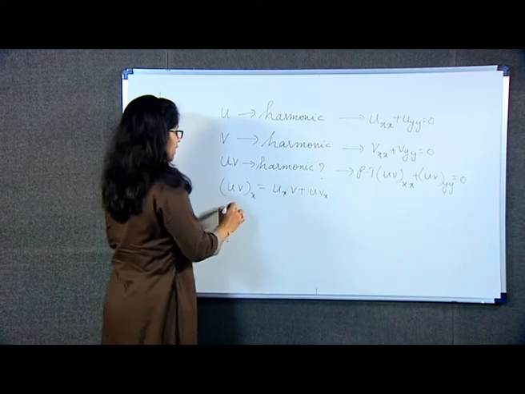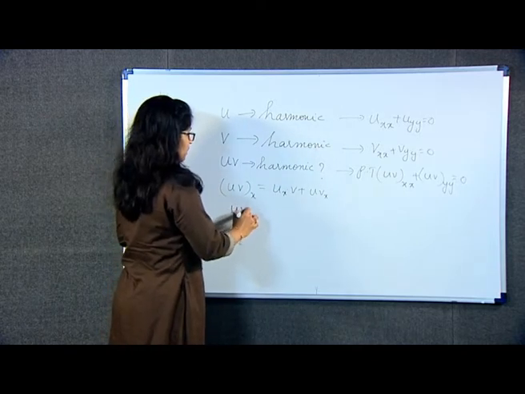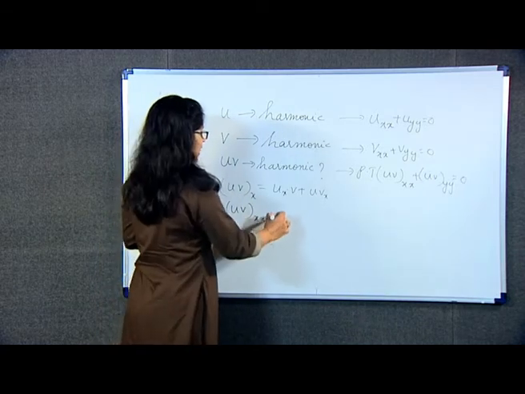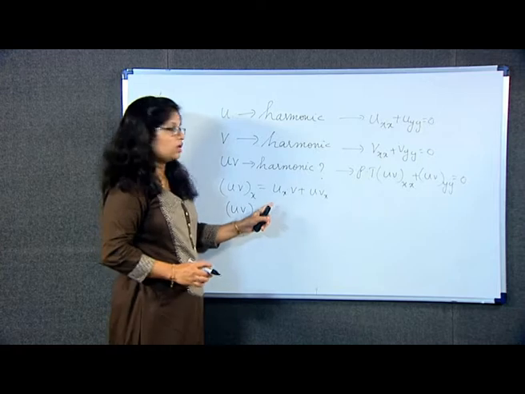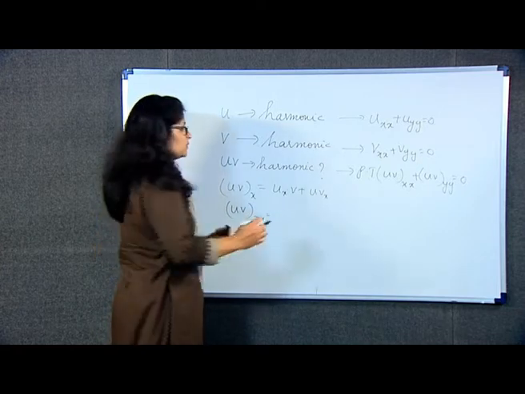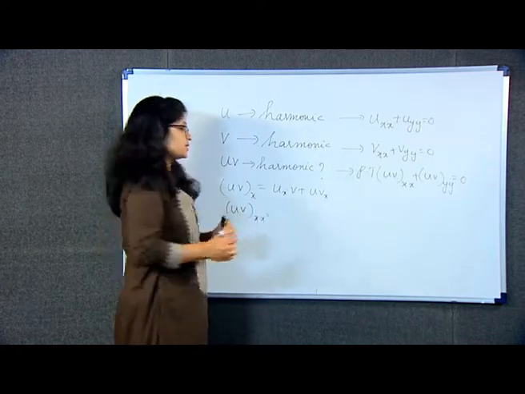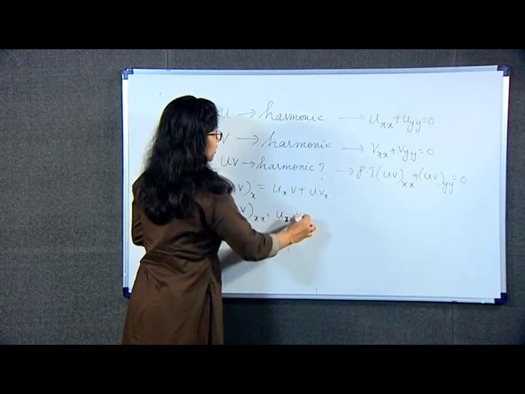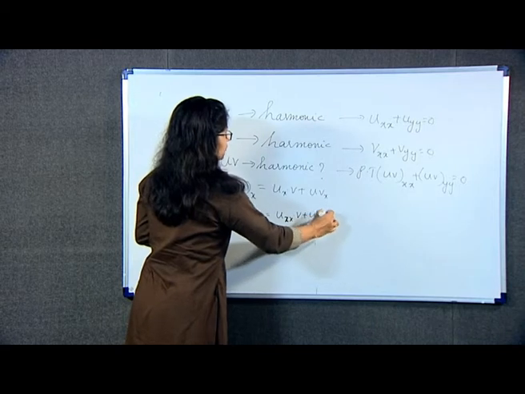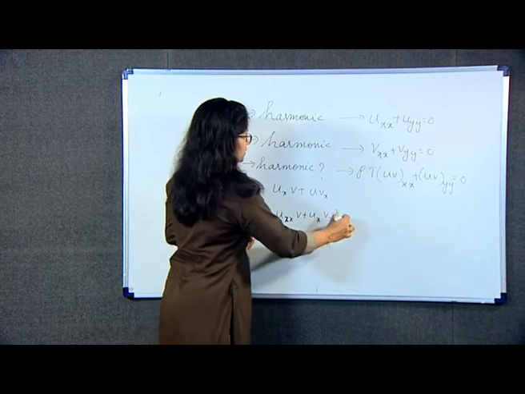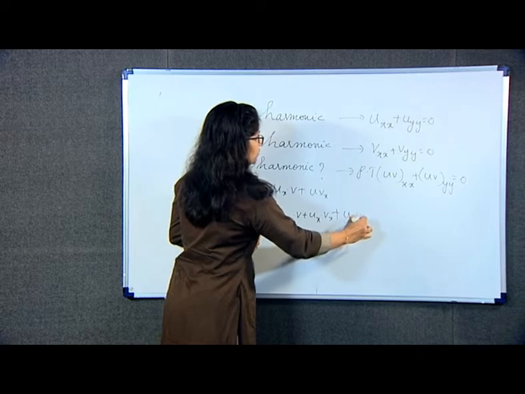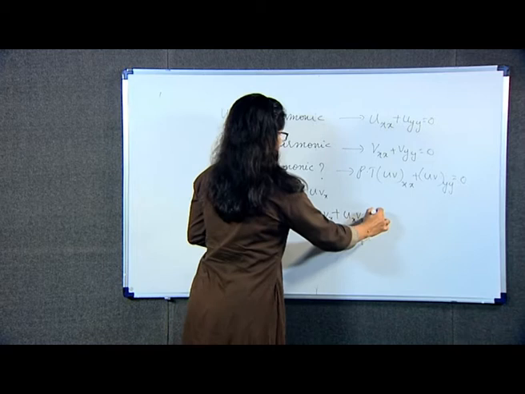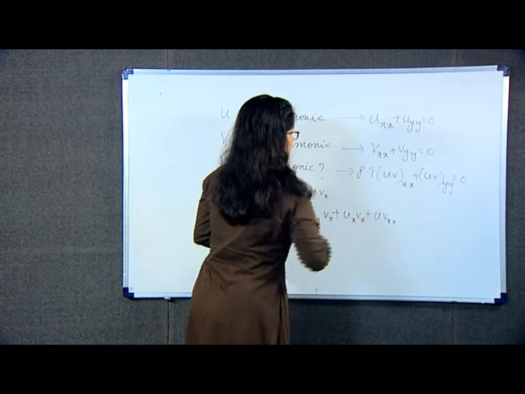So, I differentiate it again with respect to x to get the second order partial derivative. Again I will have to apply the product rule for both of these functions, because they may contain x again. So, I have uxx into v plus ux into vx plus ux into vx plus u into vxx.